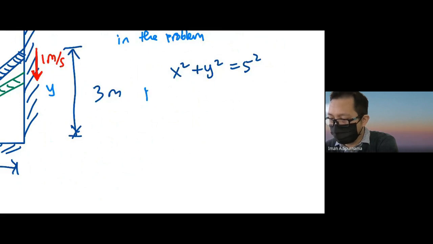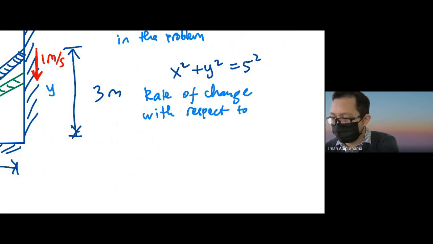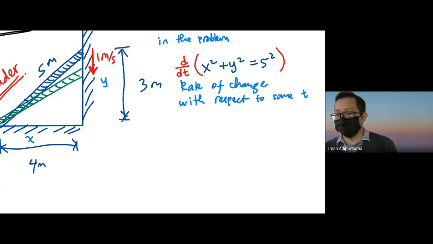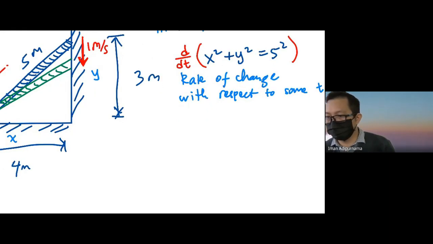Because it's a rate of change, let's say rate of change with respect to t, so we can take the derivative with respect to t. We are introducing the new variable t to satisfy all the requirements here.